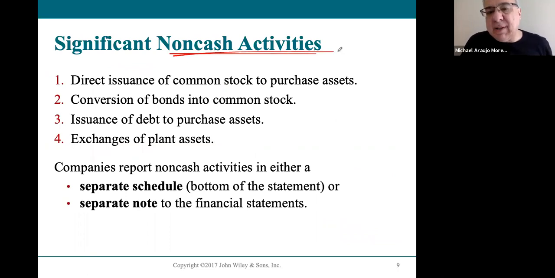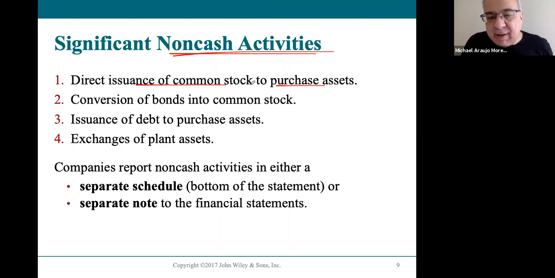Not everything revolves around cash. Believe it or not, there are some extremely important non-cash activities that happen in companies. In other words, that don't involve cash. One of the activities is buying assets by issuing stock.